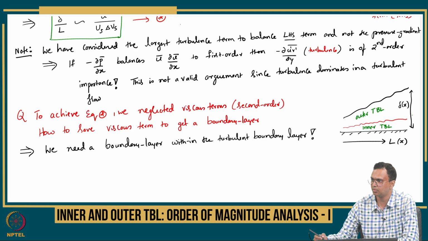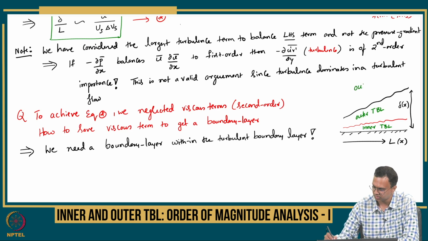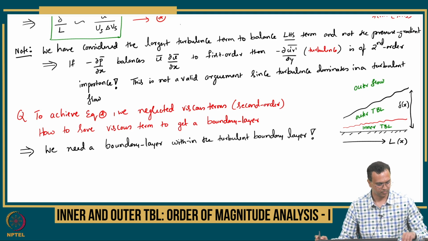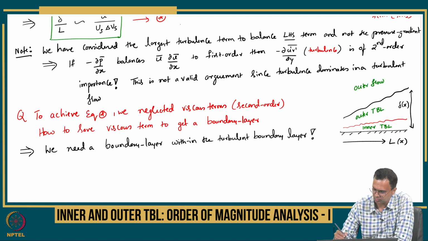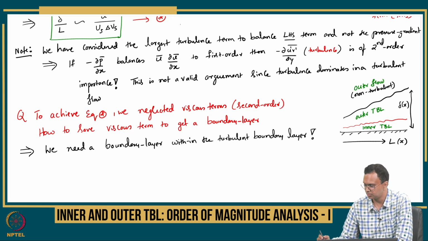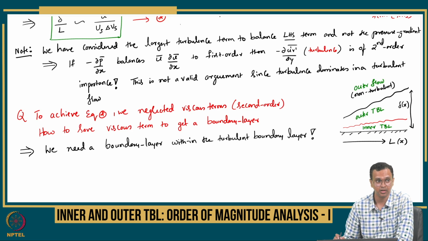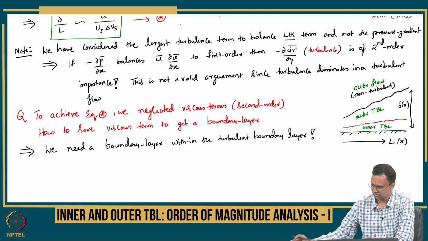And what is outside the boundary layer is what is called the outer flow. Many times it is not even turbulent or viscous, this outer flow. This is your outer flow, not any layer there. So this outer flow is usually non-turbulent. But we must now search for this so-called inner turbulent boundary layer where we must save both the turbulence term and the viscous term to first order.